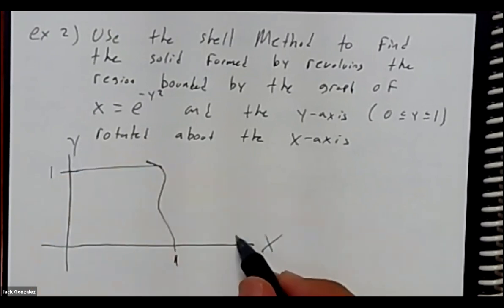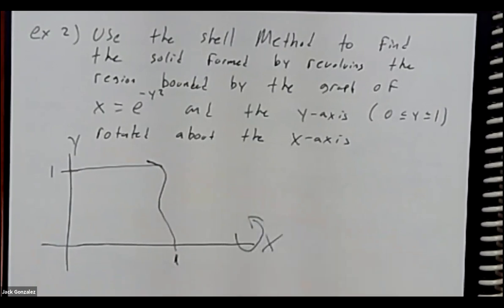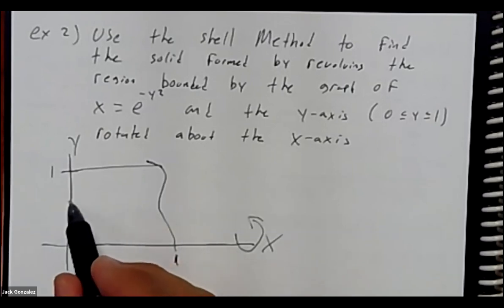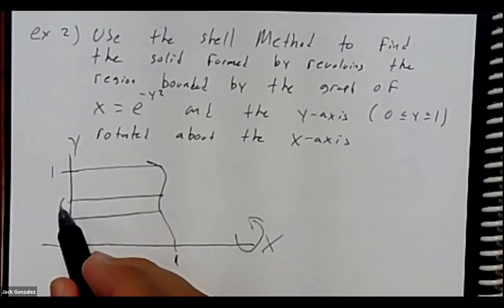I'm rotating this way, about the x-axis. That means I have to slice parallel to the rotation if I'm using shell. They told me to use shell, so I have to go this way, which means I have dy.